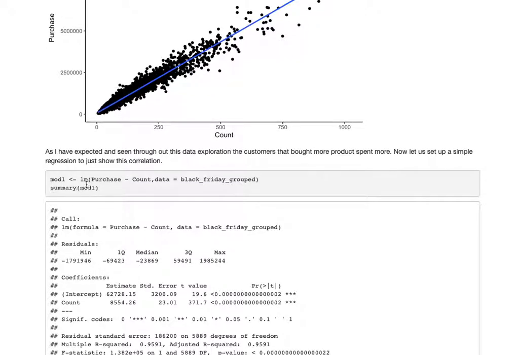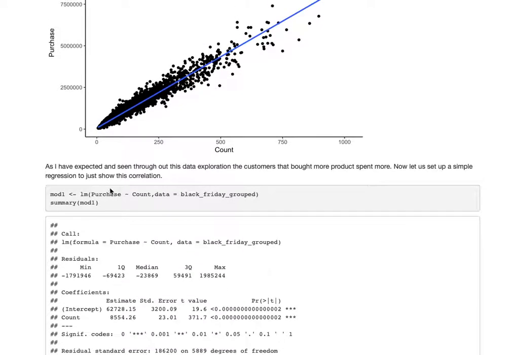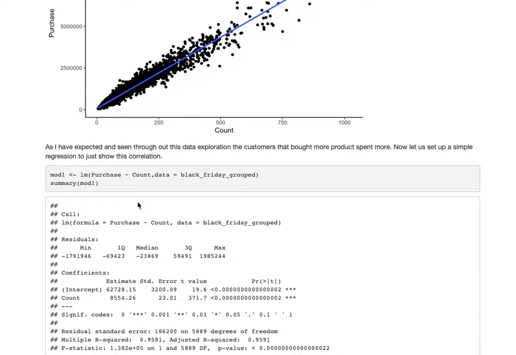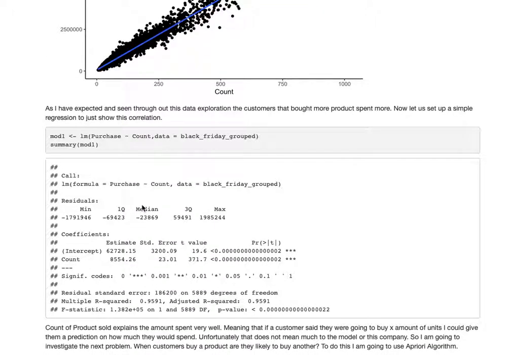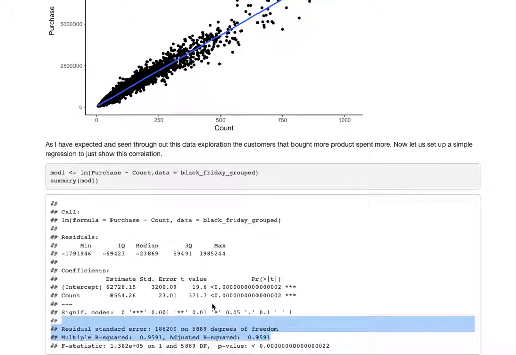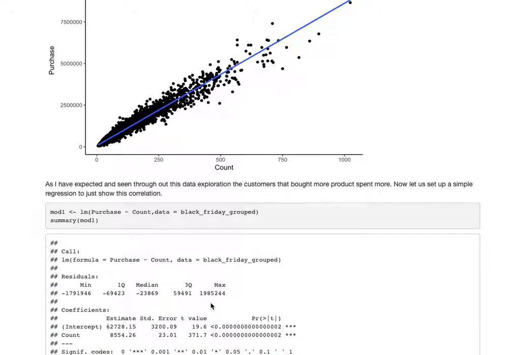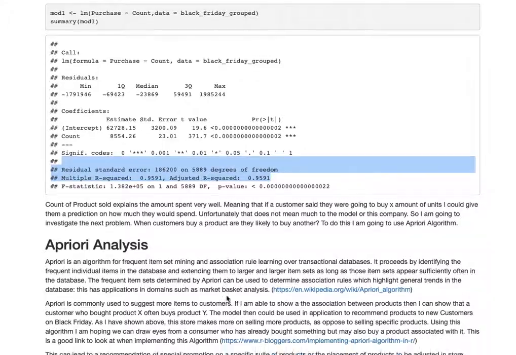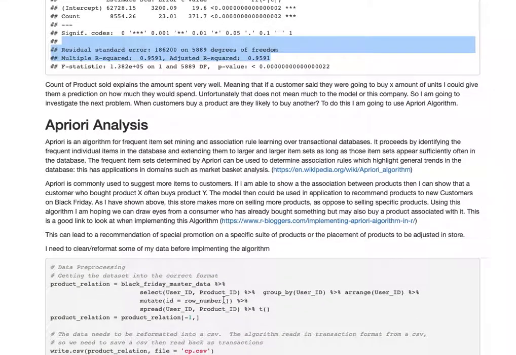So I wanted to see how well purchase was explained by how much product they were buying. And as you can see, this fits very well. There's a strong correlation between buying a lot of product and the money in the end that the store would get. Seems like an obvious point, but is very important for my last analysis.